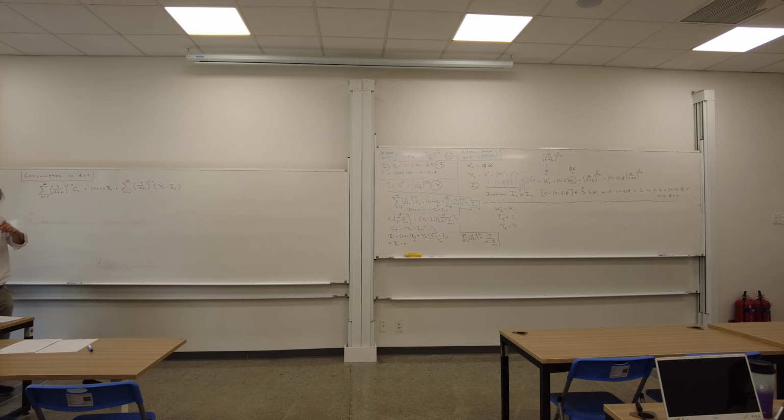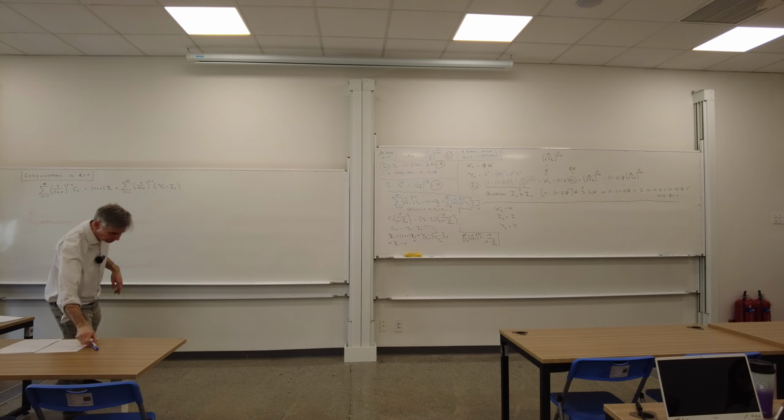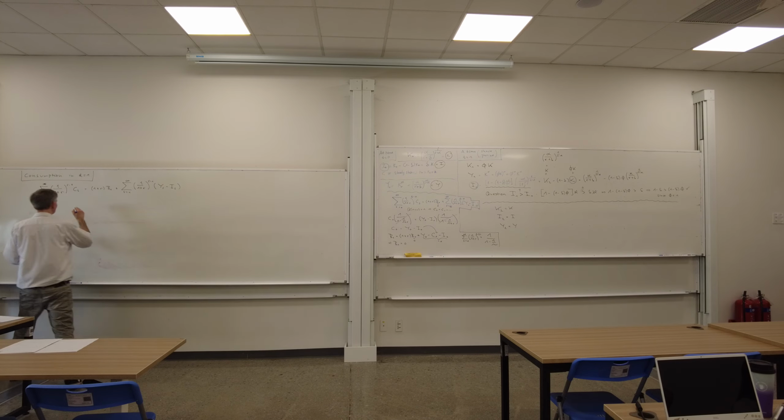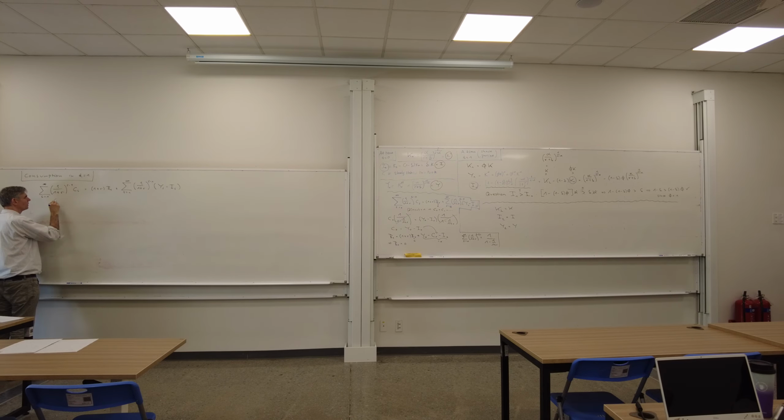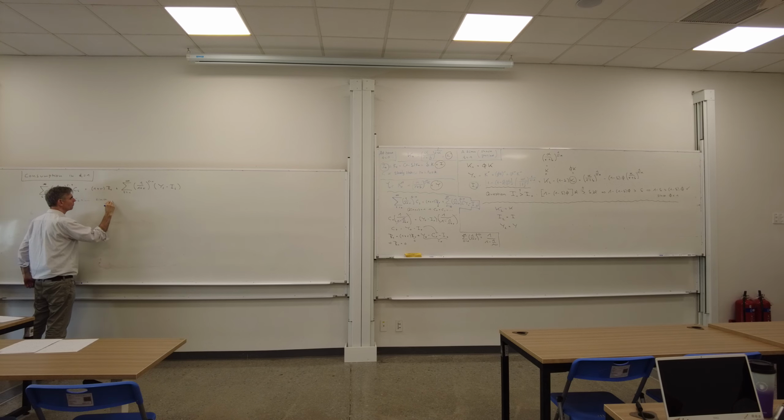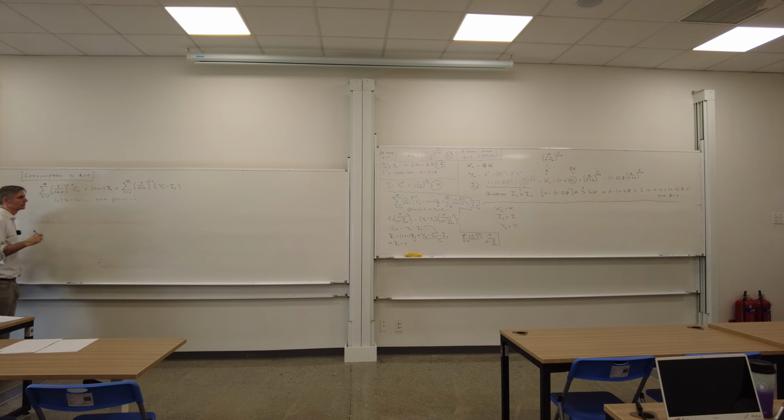Okay, so that's what you said. And since beta times 1 plus R equals 1, then C1 equals C2 equals C3 and so on. All right?